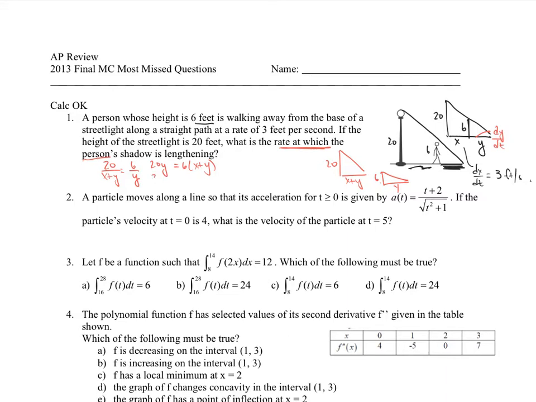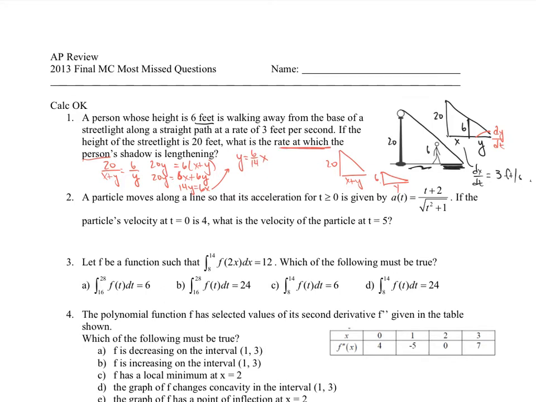I can go ahead and distribute at this point: 20y equals 6x plus 6y, and I would end up with 14y equals 6x. So y is going to be 6/14 x.